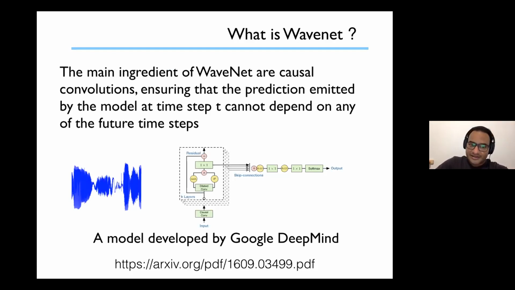And the way these neural networks work is that they propagate information in a way that causality is preserved. Now, that is important for a time series. What that essentially means is that at time step t, you make a prediction that is not based on knowing the value of the signal about future time steps.